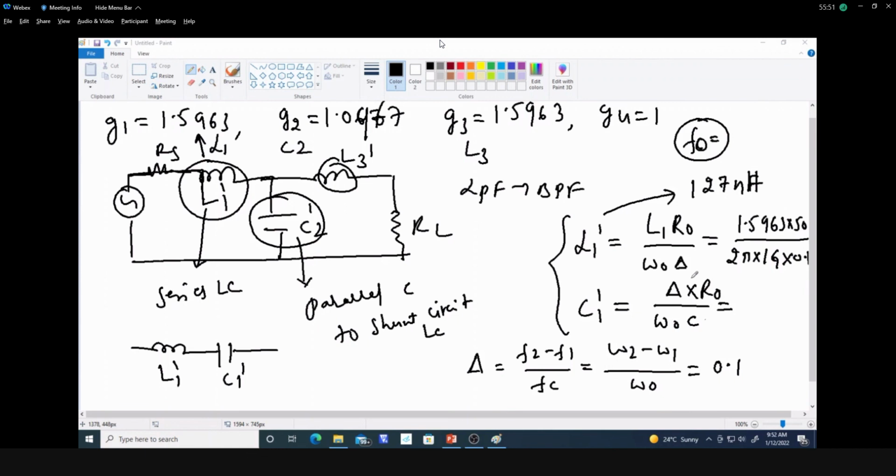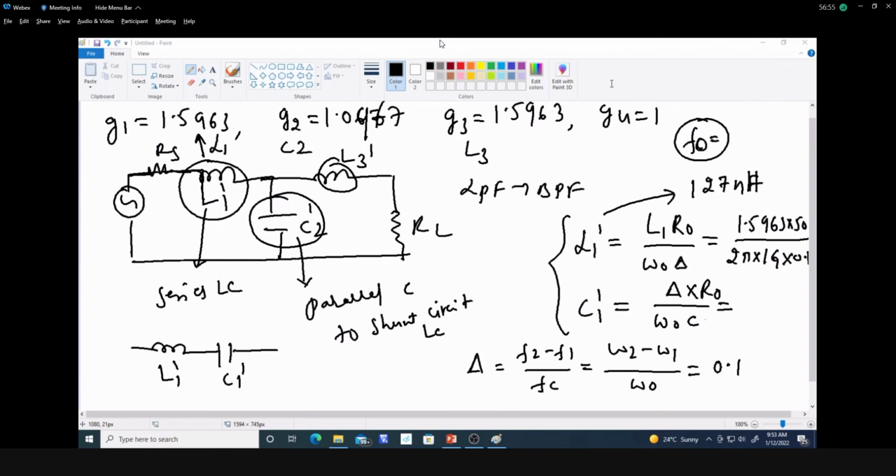What is the value of C1 dash? Anybody get it?